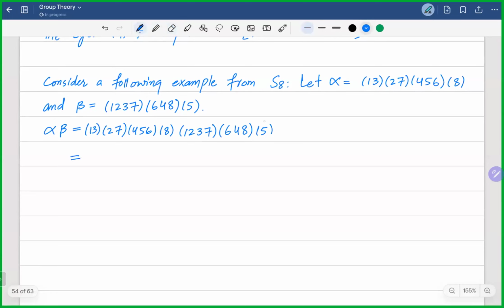This cycle fixes 1. Then (6 4 8) fixes 1. Now (1 2 3) sends 1 to 2. That means we can write 1 here and see. Now 8 fixes 2, (4 5) fixes 2, (2 7) sends 2 to 7. That means we can write 1 to 7.